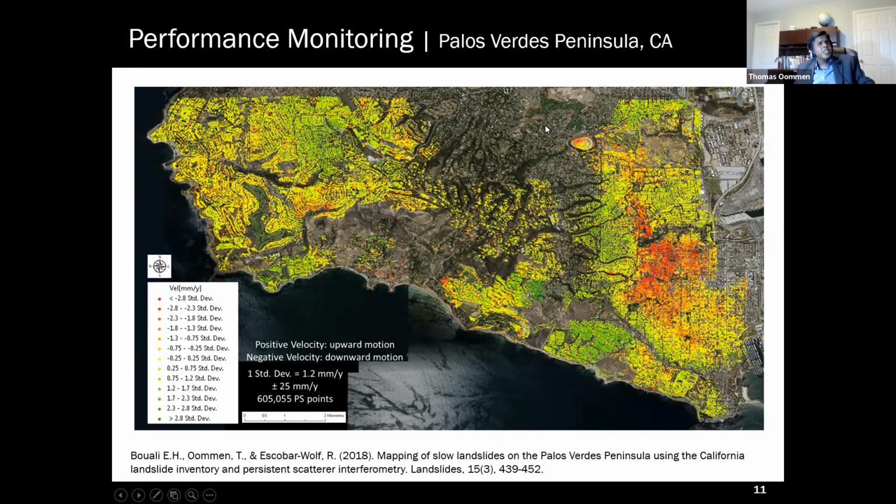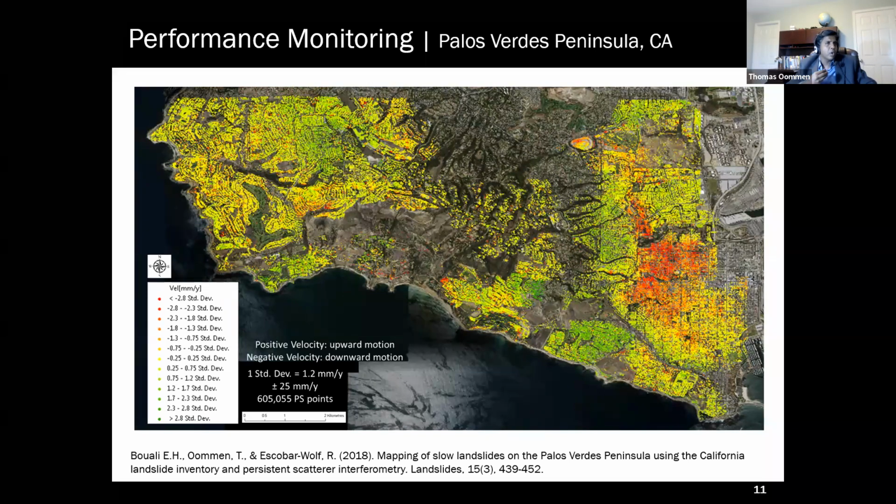Now, you can see some areas where you don't have any information. In some areas there is no PS point. Let me quickly give you the reasons why that is. There could be two reasons. One, it could be that there is more movement there than InSAR could measure, so there is more rapid movement happening, and in those areas you would not get a PS point.